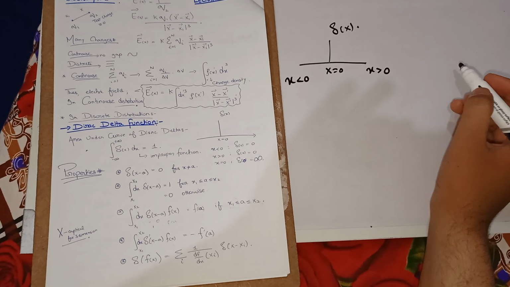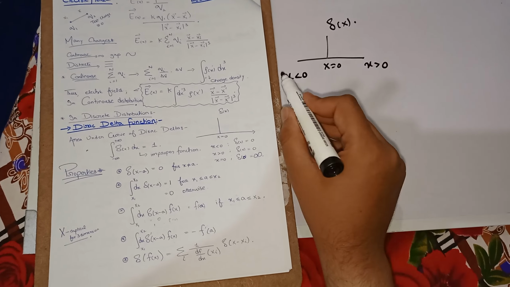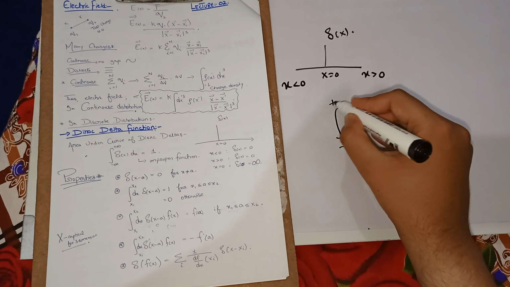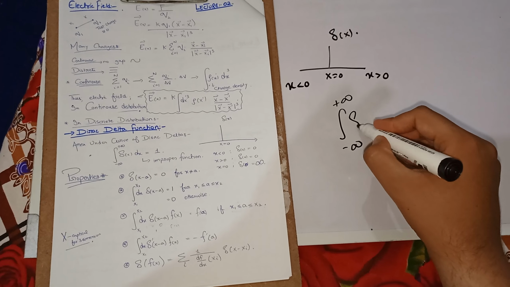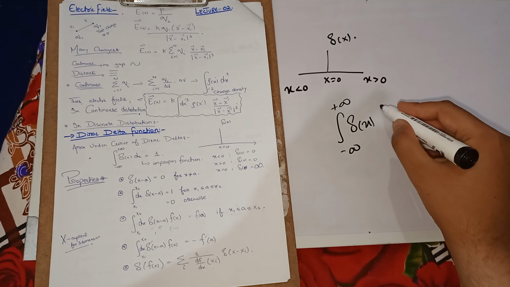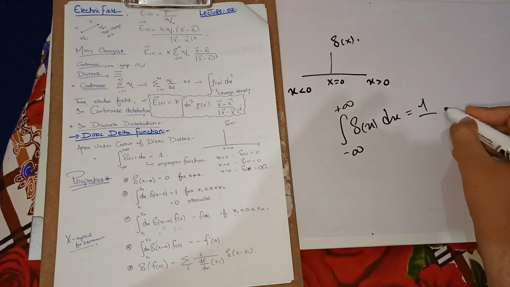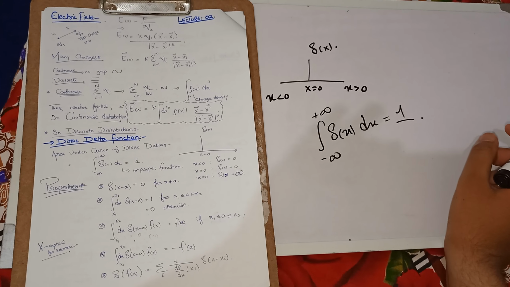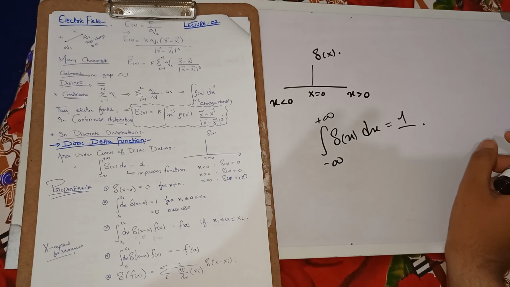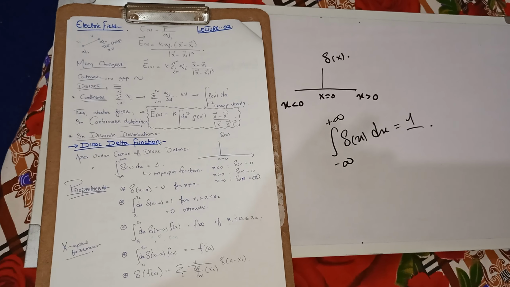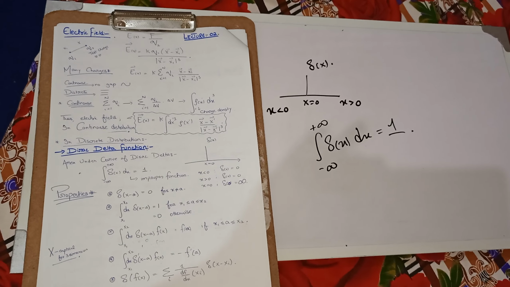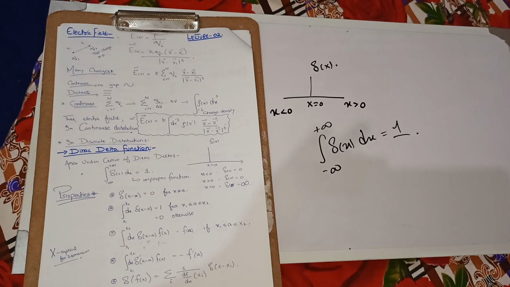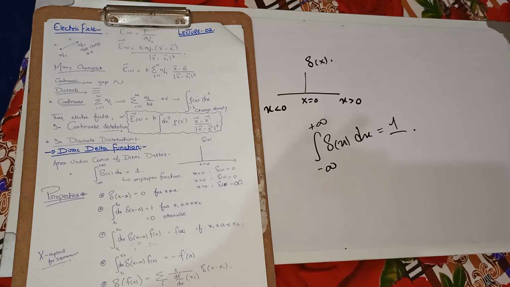You must know that for the whole line, from minus infinity to positive infinity, the integral of the Dirac function is always equal to 1 for the whole distribution. Understand? Also, the Dirac delta function is basically an improper function. It is not a proper function, by nature.